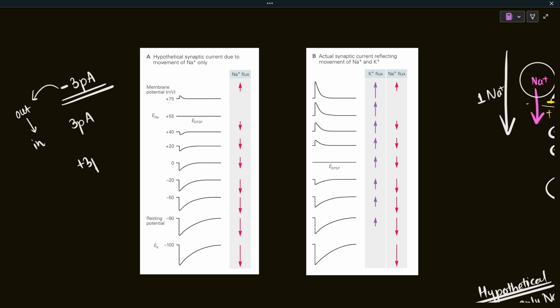Positive 3 picoampere current means the direction is from inside to the outside of the cell. This is by convention.